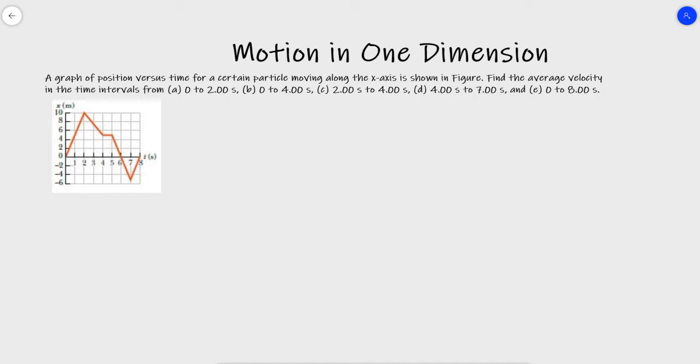Now, to solve this problem, maybe we can create a table that is equivalent to the graph of the problem. Okay, now creating the table, let's say this is the time and this is the distance traveled, which is, let's say, x.